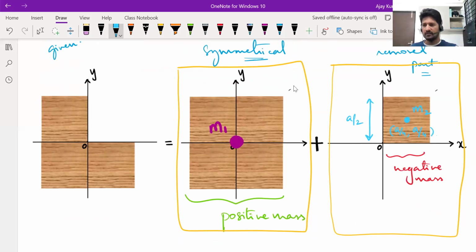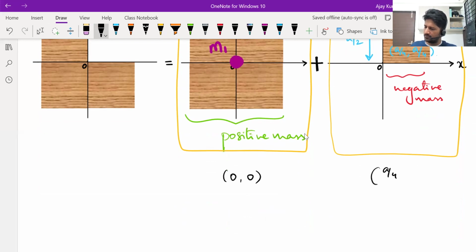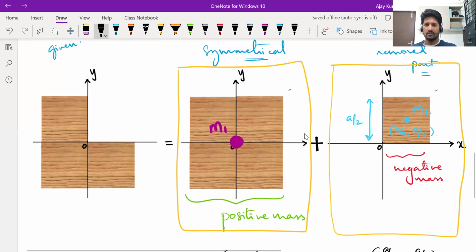What we need is the position of center of mass of the combination of these two systems. We found out where their individual centers are. One system's center of mass is at 0, 0. The other system's center of mass is at A by 4, A by 4. What else do we need to derive the position of center of mass? We need the ratio of their masses. Okay.